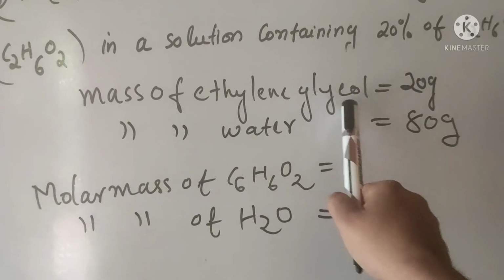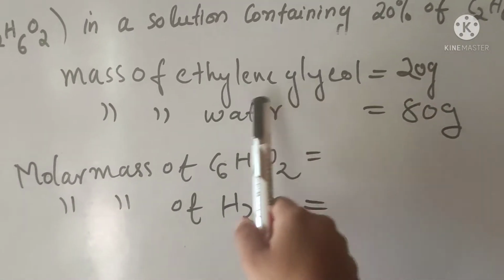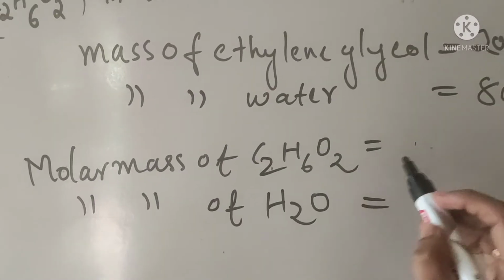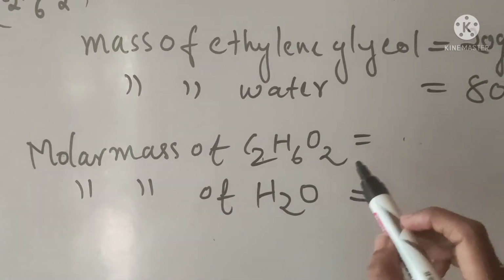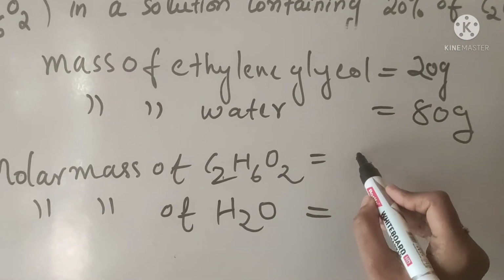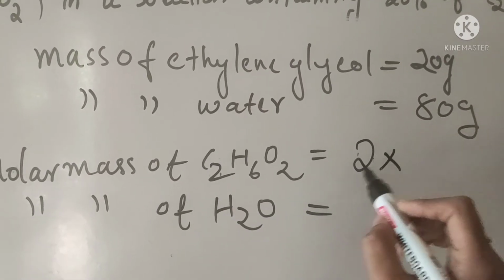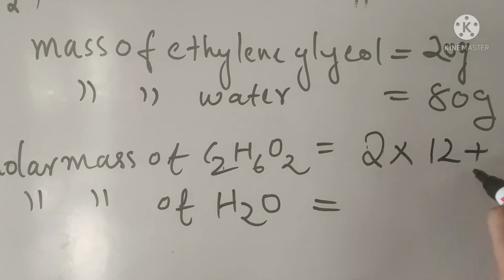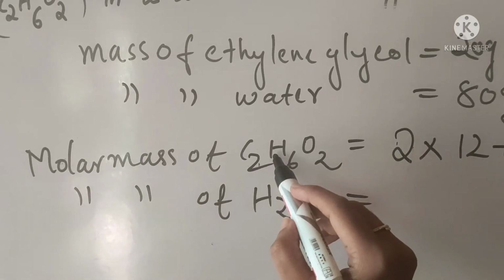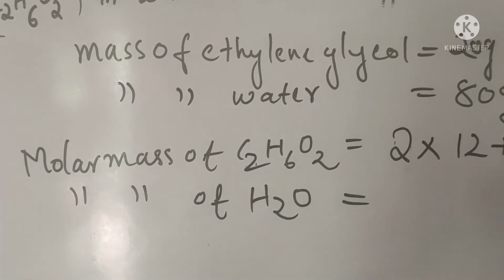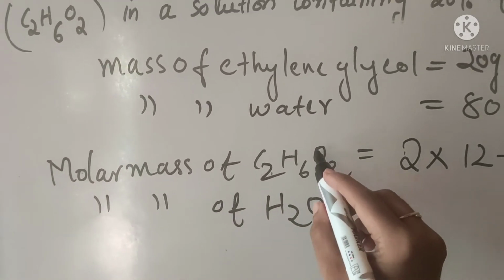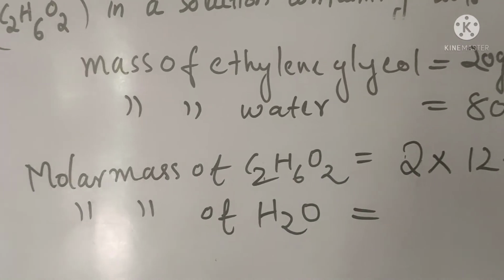Mass of ethylene glycol equals 20 gram and mass of water equals 80 gram. What is the molar mass of ethylene glycol? That is 2 into the atomic mass of carbon, that is 12, plus the atomic mass of hydrogen, 1 into 6, plus 2 into the atomic mass of oxygen, that is 16.